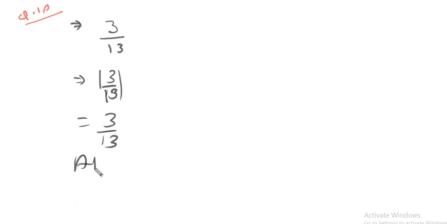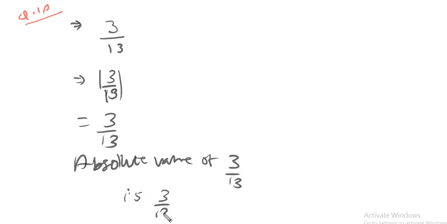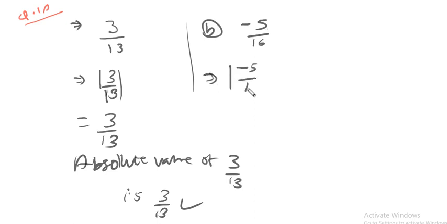So the absolute value of 3 upon 13 is 3 upon 13. Same answer. Now come to part B, that is minus 5 upon 16. So when we put it into the modulus, it will become positive here.